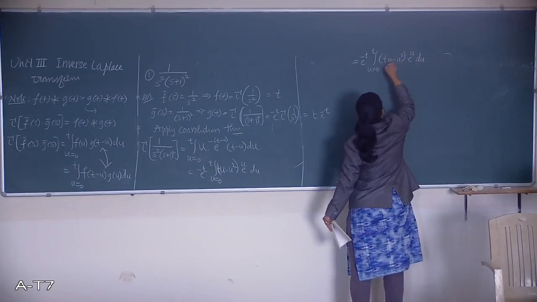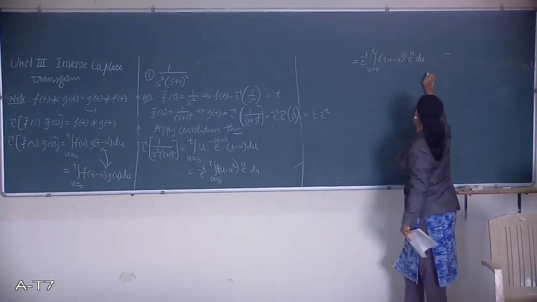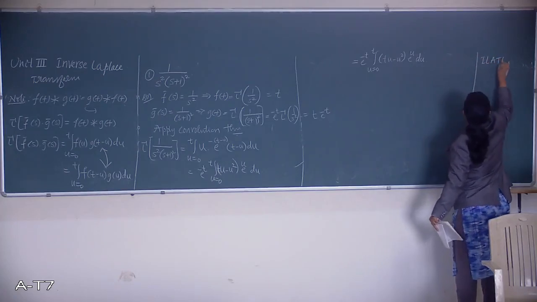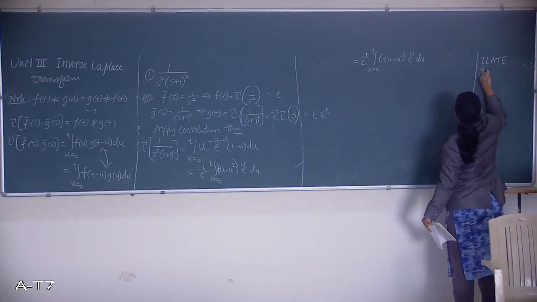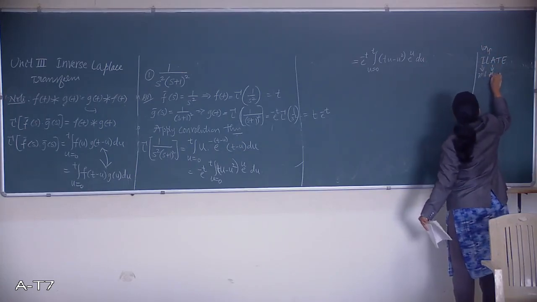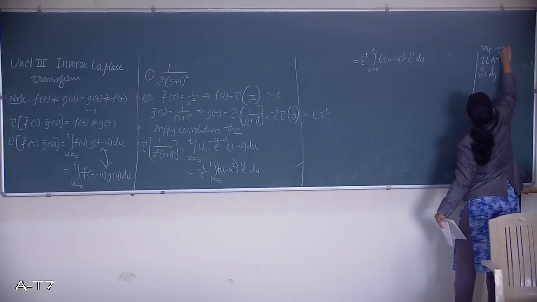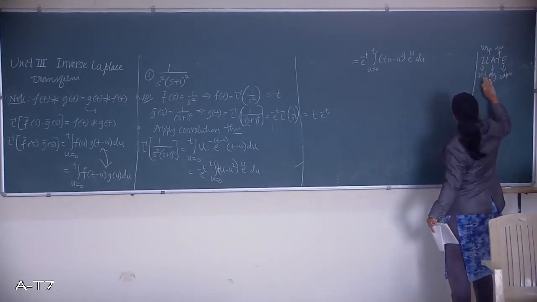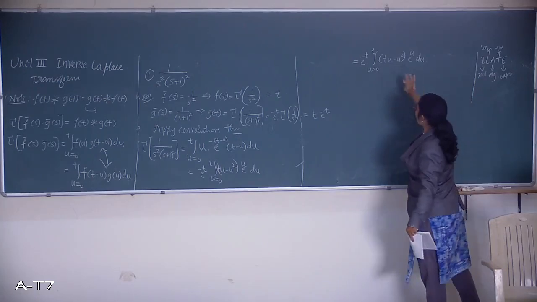Now this is in the standard form according to the Euler rule. Euler rule, hope you remember: inverse, logarithmic, algebraic, trigonometric, and exponential. In this standard form only the terms have to be written.